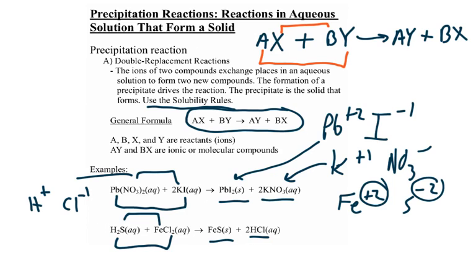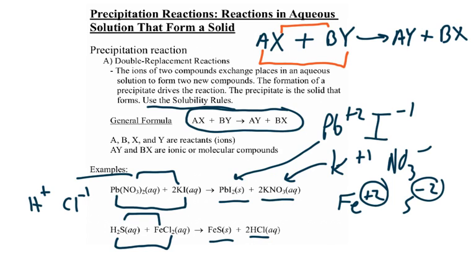When you look at the solubility rules, as long as chlorine is not with lead, mercury, or silver, it's soluble, so that's why that one's aq. However, FeS is using the sulfide rule.